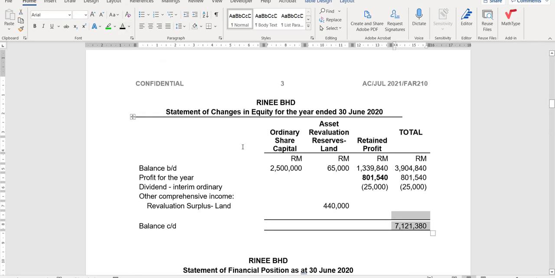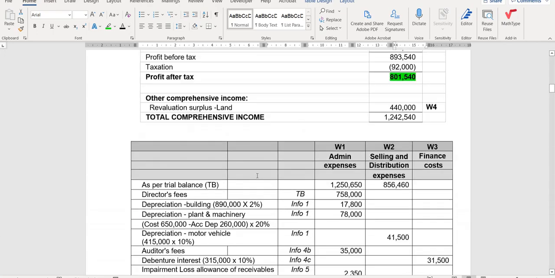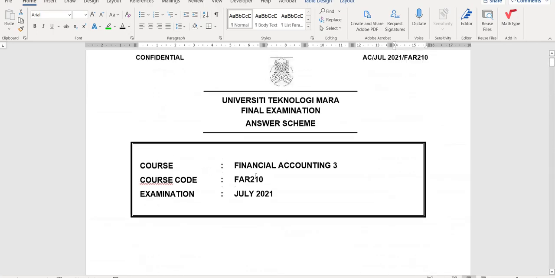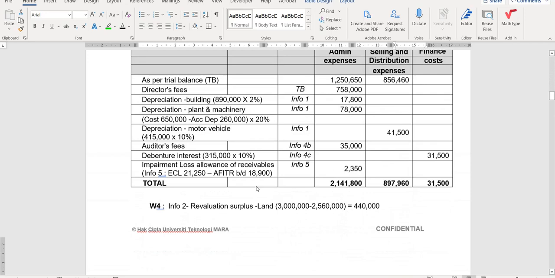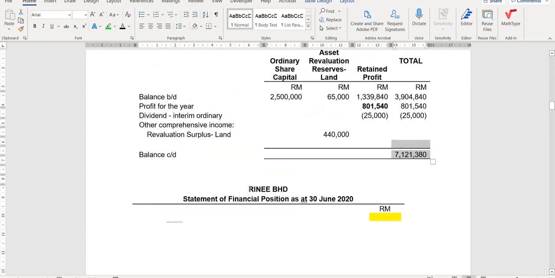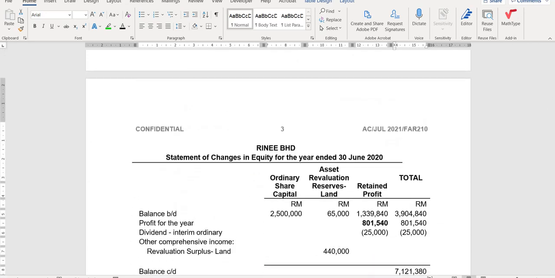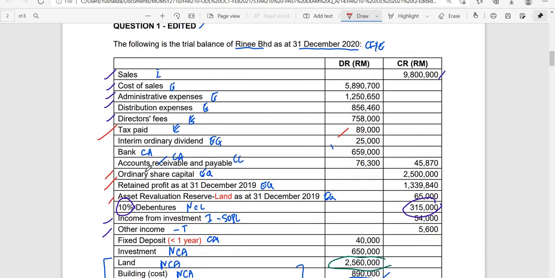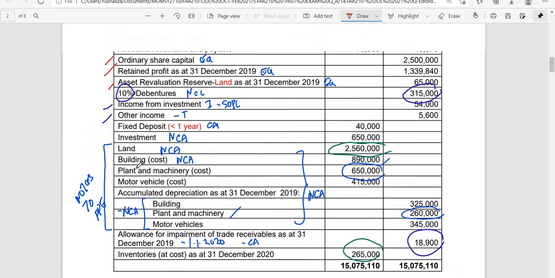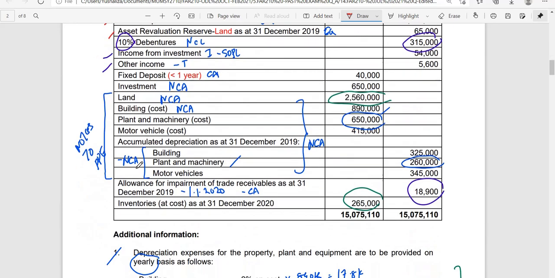The item for interim dividend is given in the question. So let's look at the item. Here, this is the interim dividend, and there is no other proposed dividend whatsoever. So you will just take that.